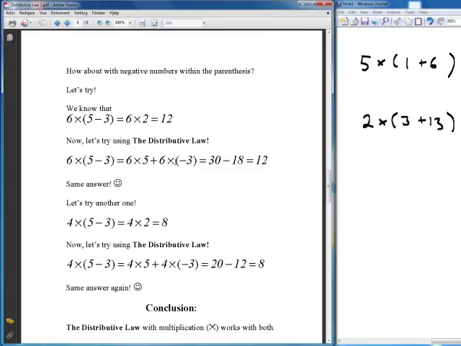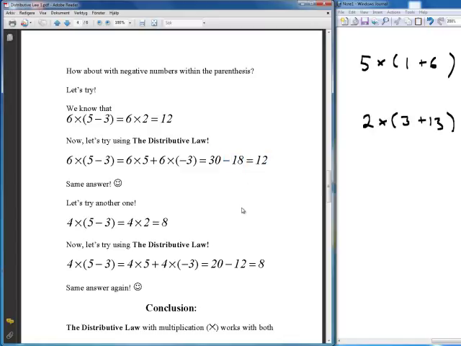So we write this within brackets. It looks nicer if we have minus here. So 6 times 5 plus 6 times minus 3. This is 30, and this is 6 times minus 3, minus 18. Remember that positive and a negative number, if we multiply them, that becomes a negative number. So the answer is 12 here.